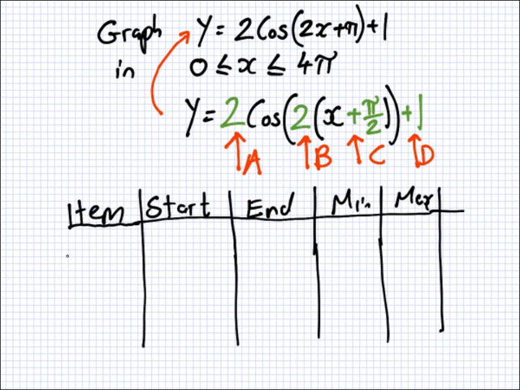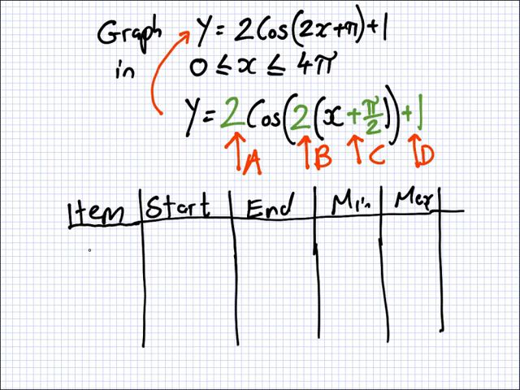Well, I'm not going to scroll down, so I'm going to fill out this table. So first you write down here what graph you're looking at. You're looking at sine, cos, or tan. We're looking at cos. Cos normally starts at 0 horizontally. Sorry, if you want, that's x start, x end, y min, y max.